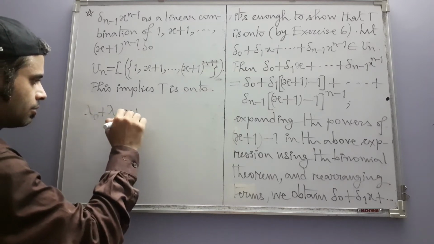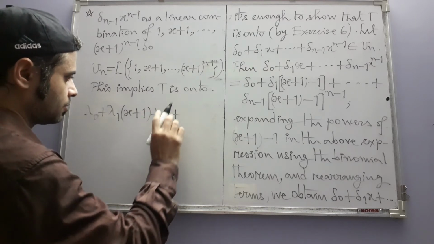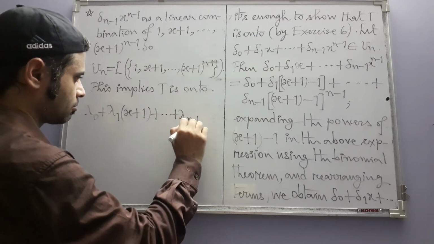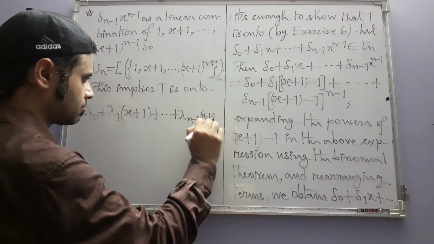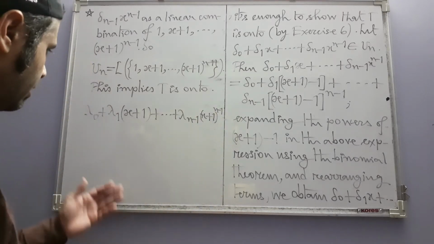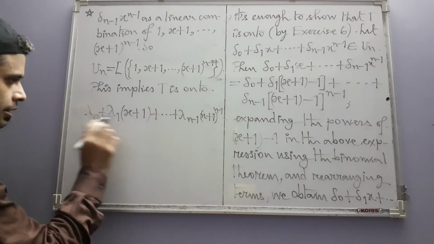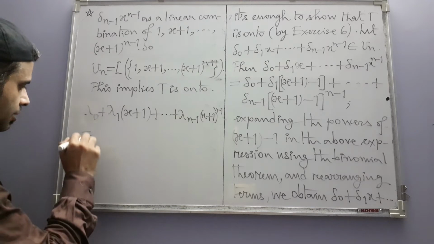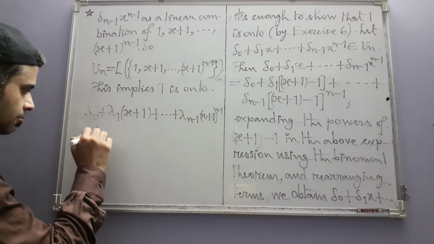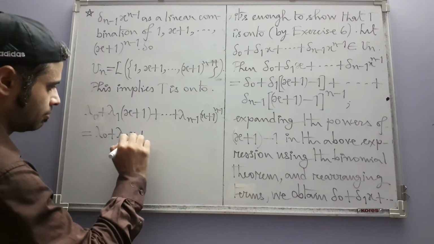lambda 1 x plus 1 plus this. Any element in Un will in fact look like this, but where the lambdas are of course coming from F, but this is equal to the T image of this polynomial.